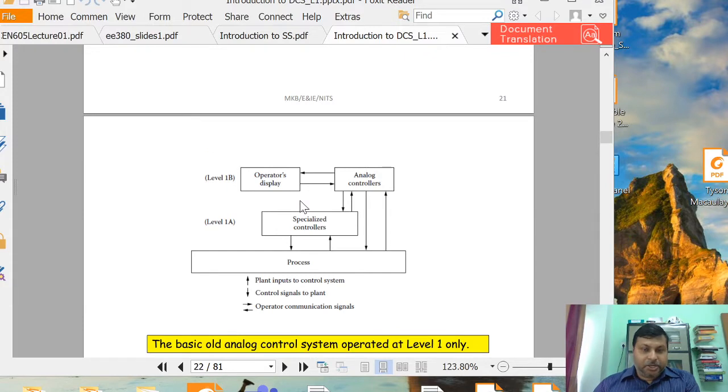So initially there was no use of computers as controllers. The analog controllers were there. How is the controller implemented? Using operational amplifiers. All this P action, integral action as well as the derivative action is performed by the operational amplifiers.